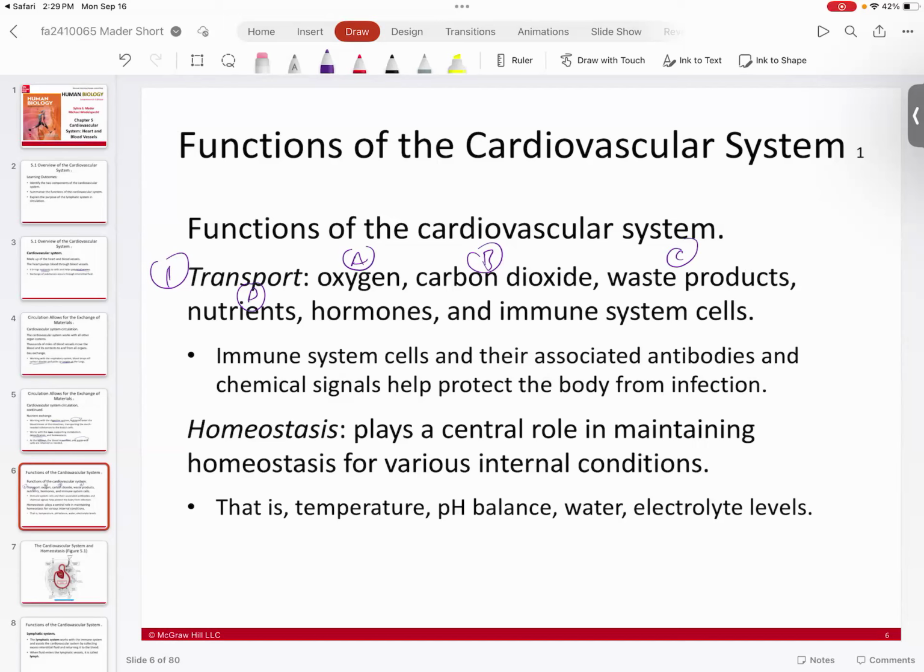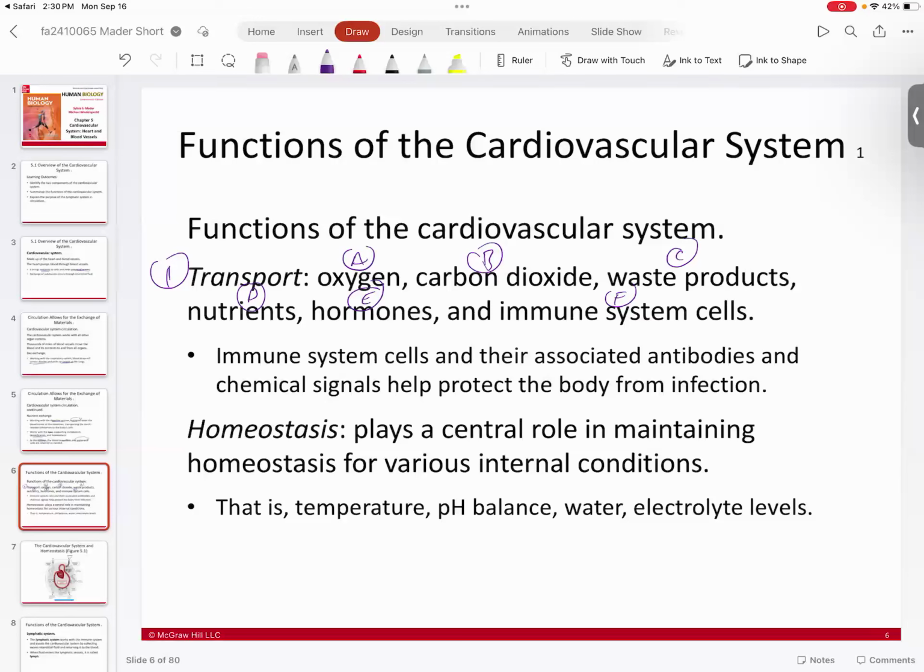Hormones: we just talked about glands and epithelial tissue spreading hormones around the body. Those are going to be moved around the body through your blood vessels, your cardiovascular system. And also it's a transporter of your immune cells. Your white blood cells are constantly in motion.